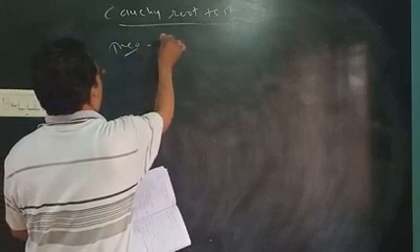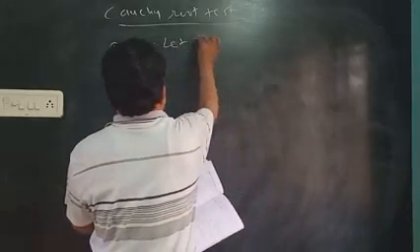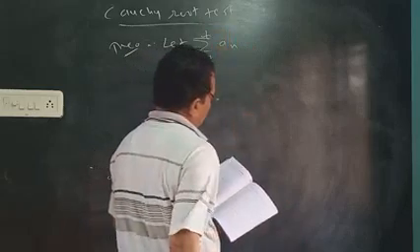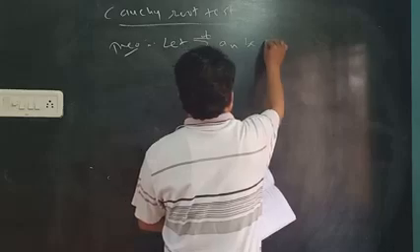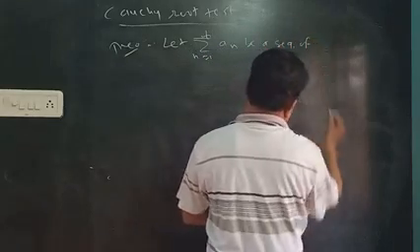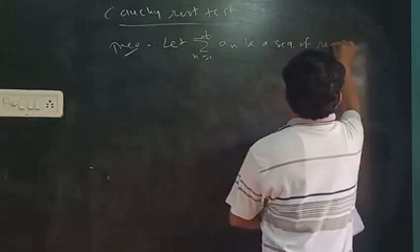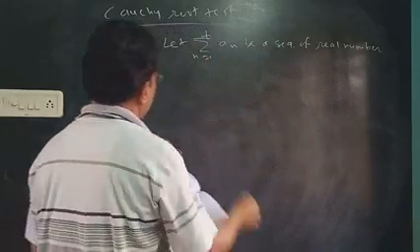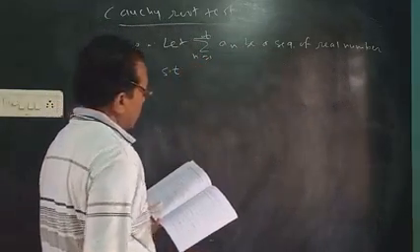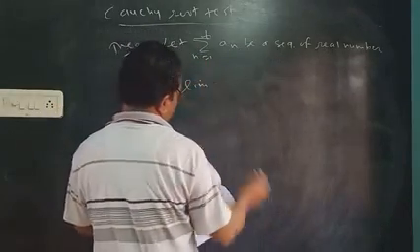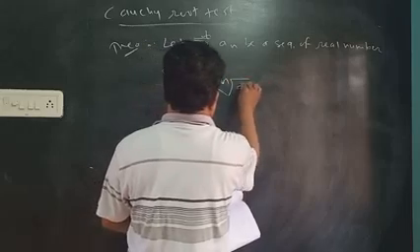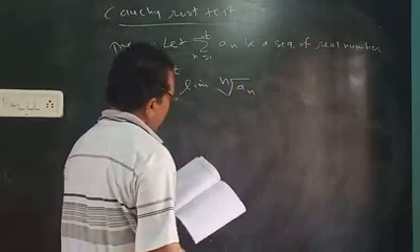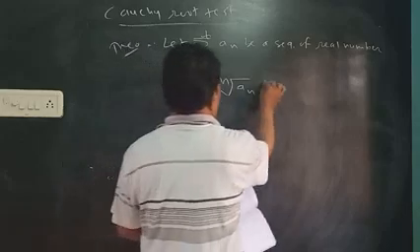Theorem again without proofs. Let summation a_n, in place of x_n, n running from 1 to infinity, be a sequence of real numbers such that the limit of the nth root of a_n, the limit of the nth root test, as n tends to infinity, will be real.